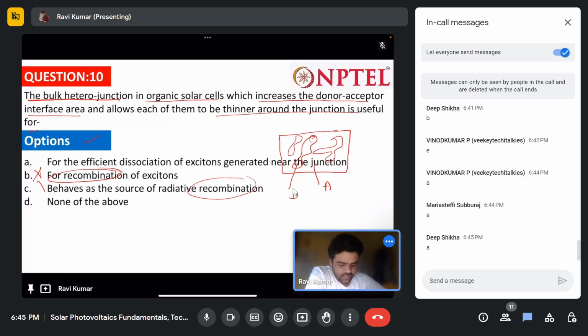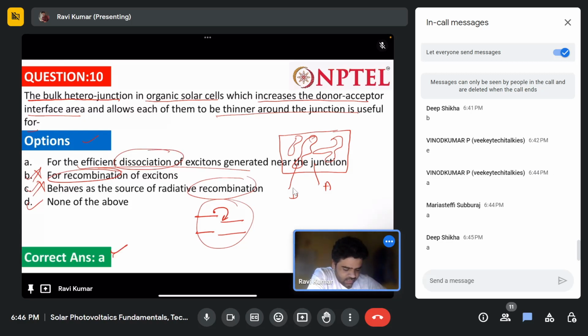That's why A, B, and C can't be an answer, and D is not the answer. So A is the answer. I told you while discussing this, it is donor, it is acceptor. If these are near to each other, then what will happen? This will jump into this, and this jumping is known as dissociation. So it is a dissociation of excitons. And answer is A here.